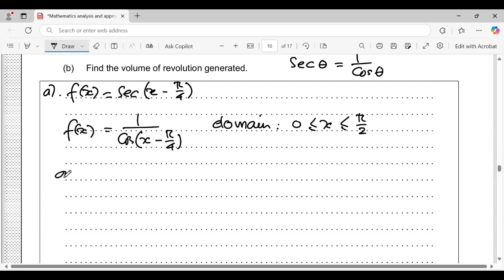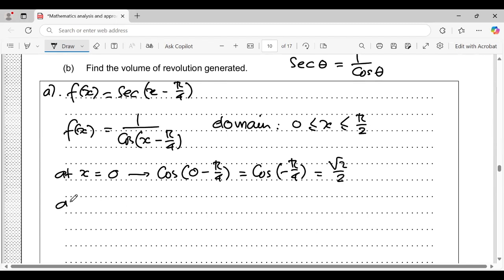So at x equal 0, this expression becomes cosine of 0 minus pi quarter, which is cosine of minus pi quarter, equal to square root 2 over 2.